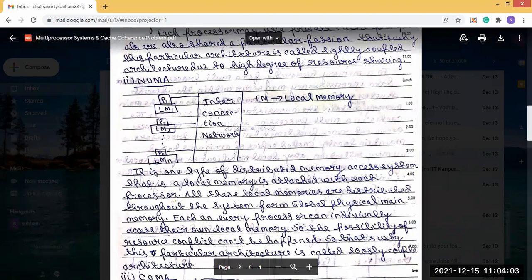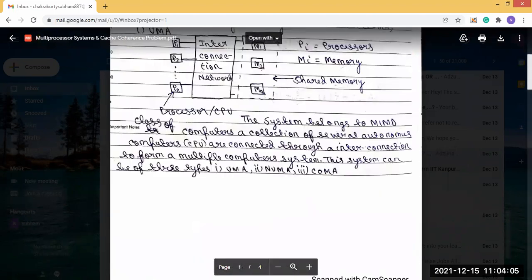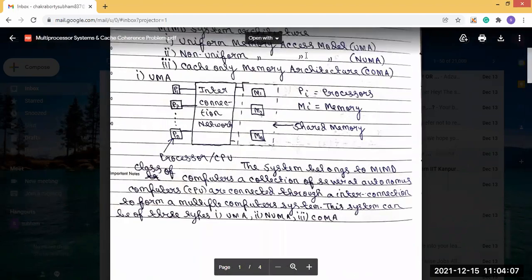In UMA, there will be memory modules, so a problem may happen. Let's say the P1 processor is accessing the memory module M1. In the meantime, the P2 processor also wants to access memory module M1.